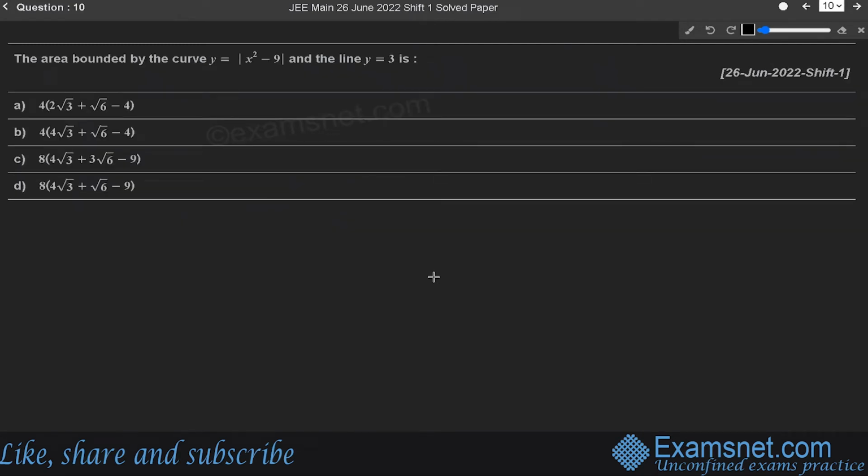Next question is: the area bounded by the curve y is equal to mod of x square minus 9 and the line y is equal to 3 is. So a line is given here which is y is equal to 3, and y is equal to mod of x square minus 9. Now intersecting in the first quadrant and the second quadrant, we can form a graph here.